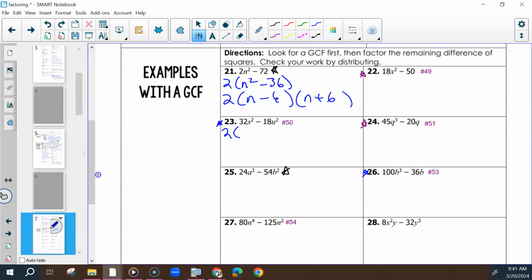What would be left? 16s squared minus 9u squared. Could we use GCF or difference of squares here?